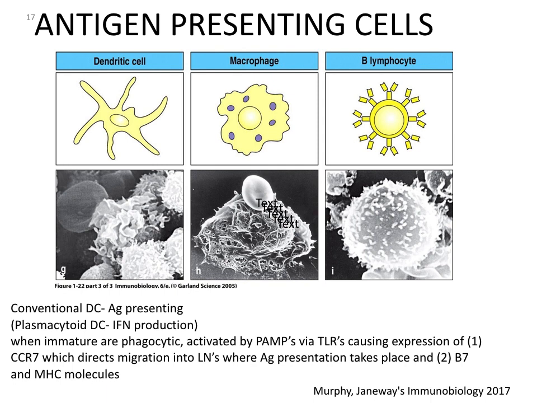Other cells include macrophages, which we have already encountered, and the B lymphocyte, because the B cell, although it is not phagocytic, is able to endocytose or take up foreign antigen, process it, and present it as well to the T cell.